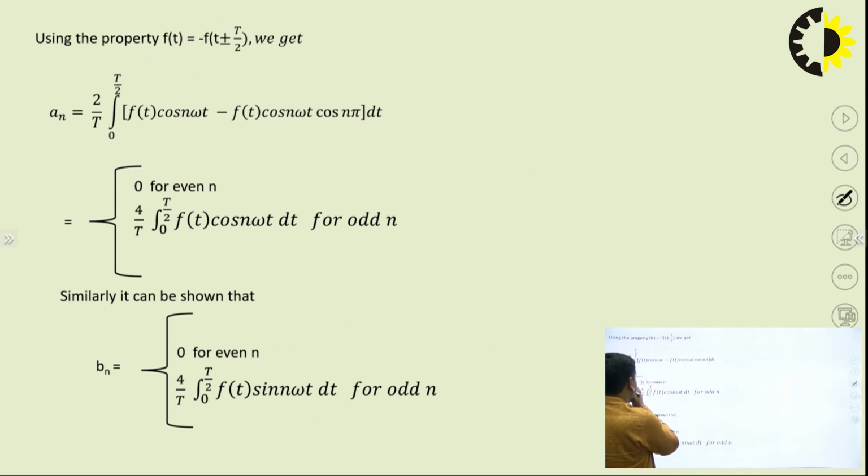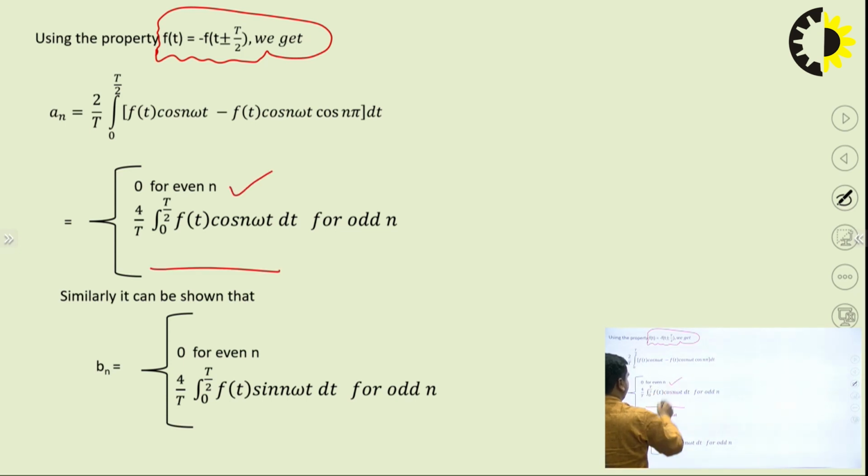Using the property we already discussed, half wave symmetry, f(t) equal to minus f(t plus or minus T by 2), we will get the value of a_n as 0 for n even, and 4 upon T, integral from 0 to T by 2 of f(t) cos n omega t dt for n odd. These things are all about the integration, nothing else.